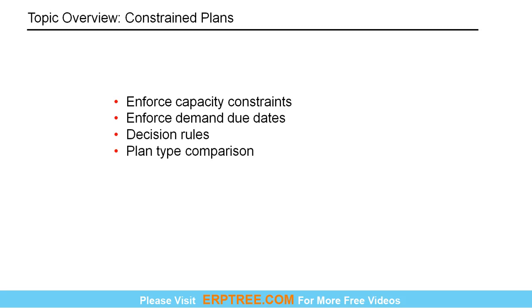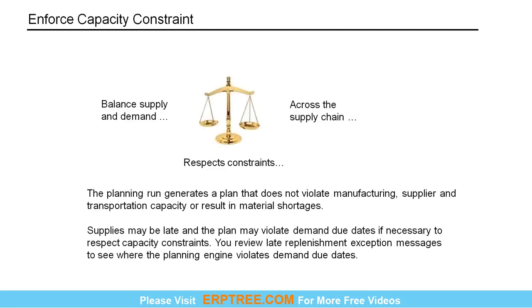We can do some plan type comparisons. We will see that in the subsequent slides. Enforced capacity plan constraint is nothing but balancing the supply and demand across the supply chain by respecting the constraints. It will respect the constraints of the resources and the suppliers and whatever parties are involved in making the goods, and then it will suggest some dates.